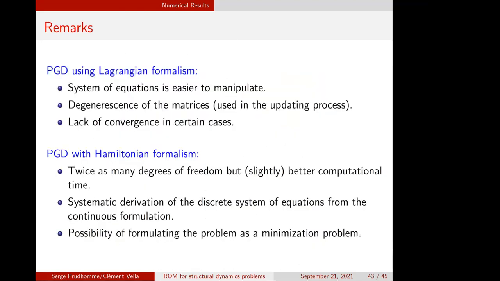Of course, when we use the Lagrangian formalism, the system of equations is easier to manipulate. We have only one equation. What we have observed at this point, and maybe there are ways to improve this, we see the degenerations of some of the matrices, and of course, the lack of convergence in certain cases. With the Hamiltonian formalism, it's then way more stable. Of course, we have twice as many degrees of freedom, but actually it doesn't affect the computational time.